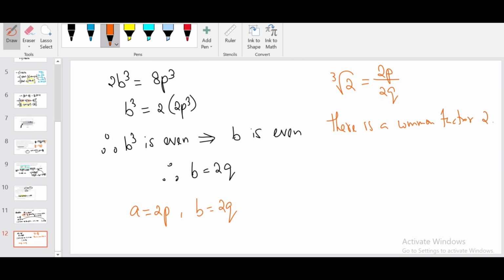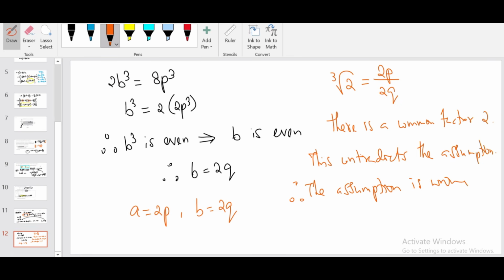So you need to write the usual 3 lines. This contradicts the assumption, because we have assumed that there is no common factor. Therefore, the assumption is wrong.